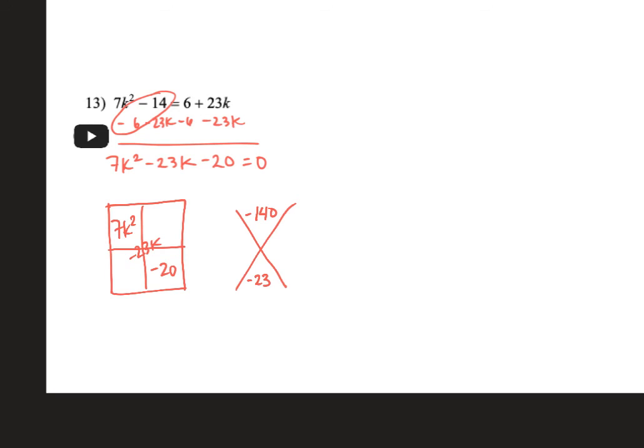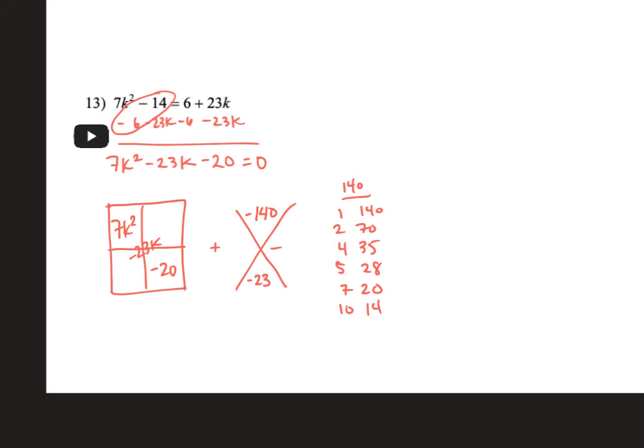Since we're multiplying to make a negative number, one has to be positive, the other has to be negative. Now we list out our factors of 140: 1 and 140, 2 and 70, 4 and 35, 5 and 28, 7 and 20, 10 and 14, and that's it.